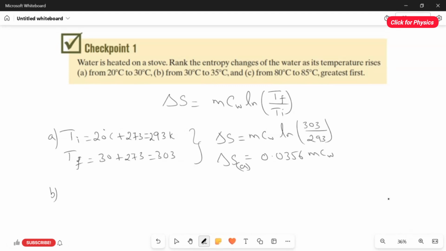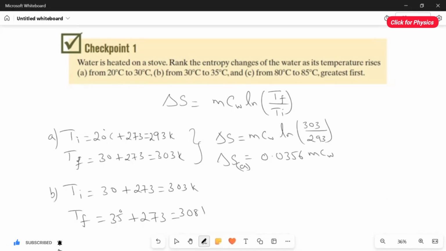So let's come to part B. Initial temperature here is 30 degrees. So we have to add 273 to get the answer in terms of Kelvin, which is 303. So better I can write the unit here for Kelvin. And the T final is 35 degrees Celsius plus 273. We got the answer here as 308 Kelvin.